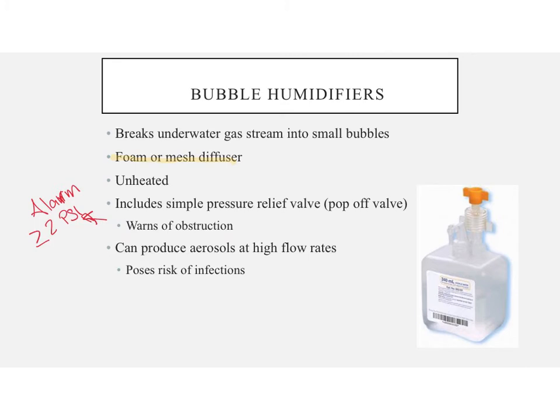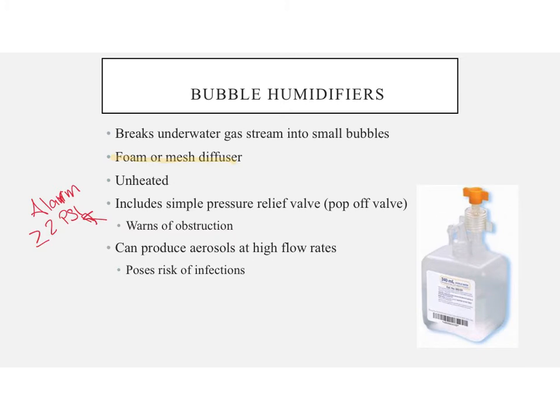Bubblers can produce aerosols at higher flow rates. So aerosol is different from just humidity. Humidity is going to be that water vapor in a gas. Aerosol creates bigger water particles within the gas. So the higher the flow rate, the more likely that the bubbler is going to produce aerosols and bigger water droplets.